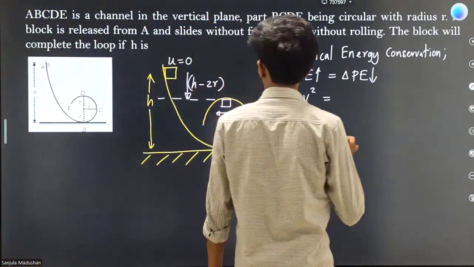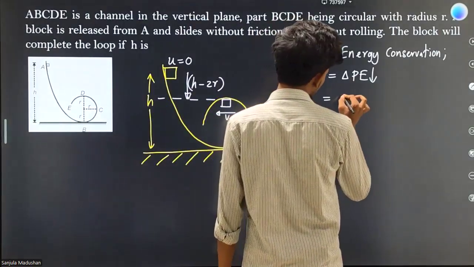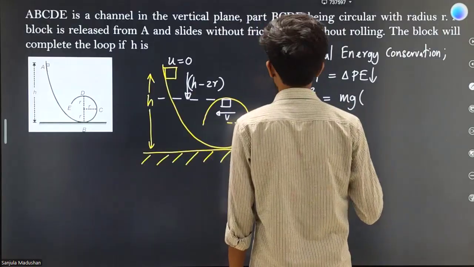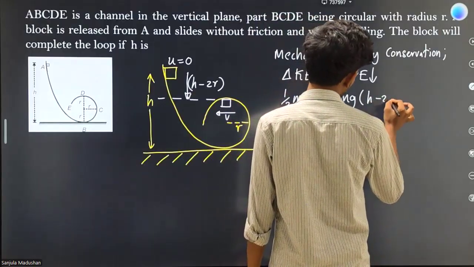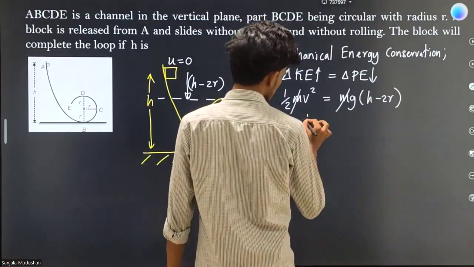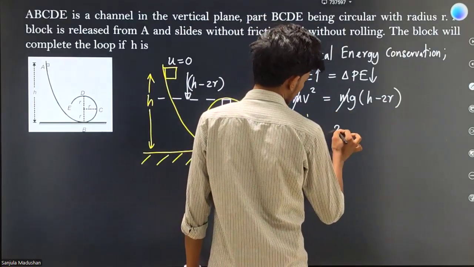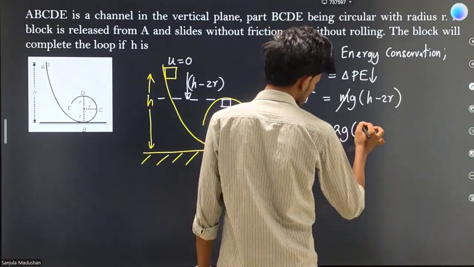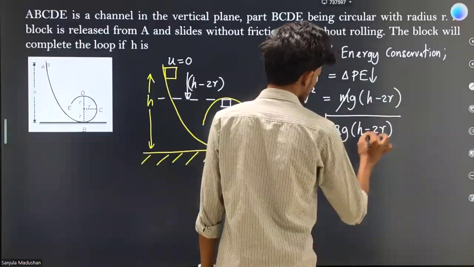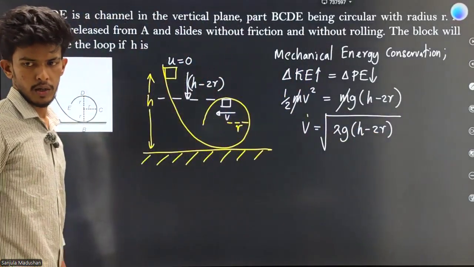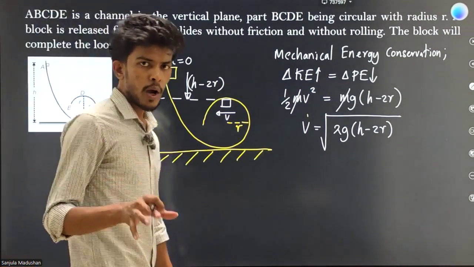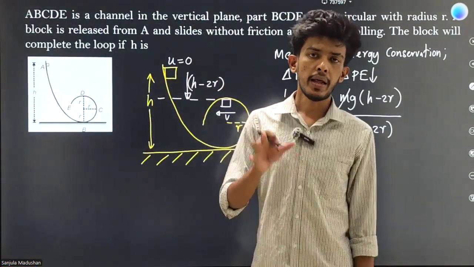Let me solve this quickly. I get an expression for the velocity: v equals square root of 2g into h minus 2r. So now I have already applied the mechanical energy conservation.